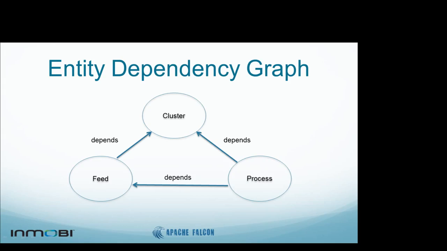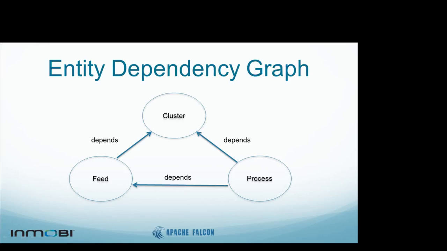A cluster is basically a configuration of various endpoints, which can specify, for example, your registry and so on. All these configurations are stored in one place: your HTTP and private endpoints. They are stored and provided as an abstraction to the process and the feeds.